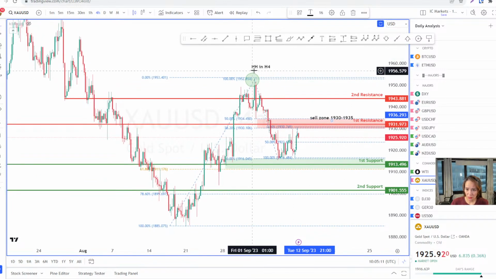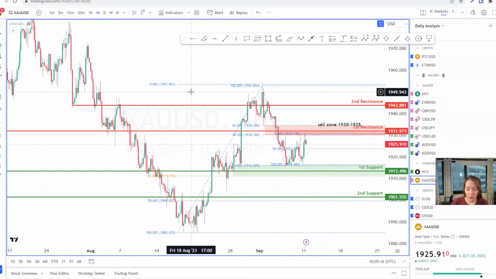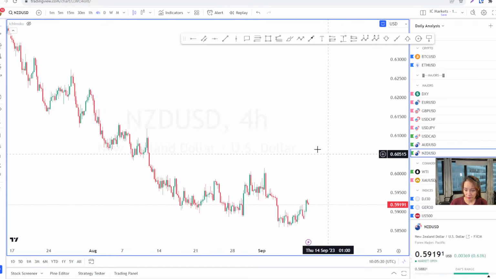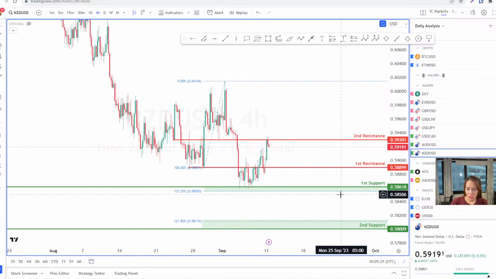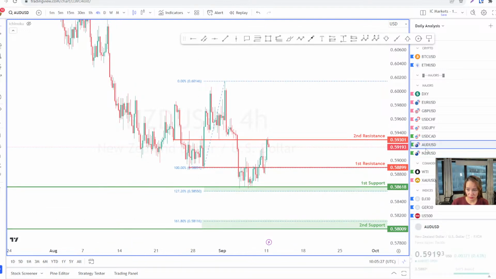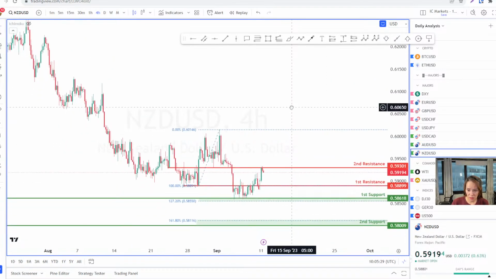Okay, so this is my trade setup for gold for H4. Somebody asked for kiwi. Kiwi dollar, right? Basically, I haven't changed my support and resistance since last week. So AU and kiwi dollar are actually the same.